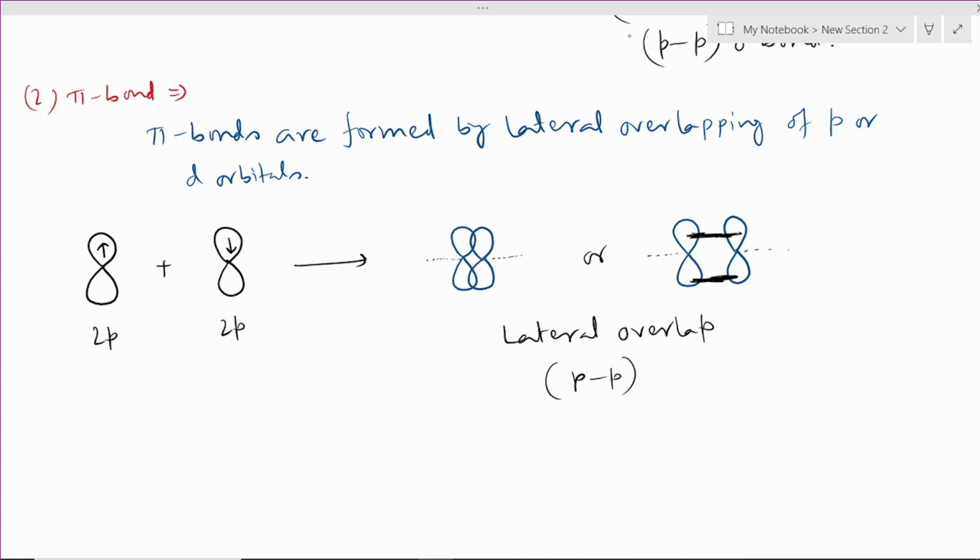By this lateral overlap, a p-p pi bond is formed. We all know carbon is tetravalent. Now this tetravalency and formation of covalent bonds by it are explained in terms of hybridization of s and p orbitals. Now we will understand what is hybridization.